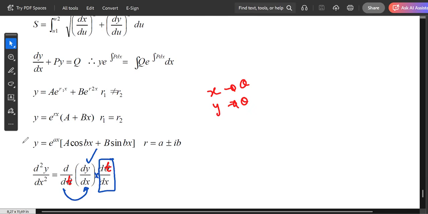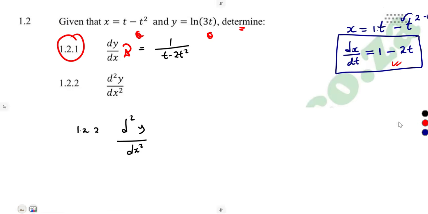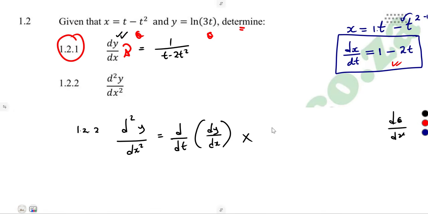Let me take our formula as it is. Since we are working with respect to t, the formula states the derivative with respect to t of dy/dx, multiplied by the one written as dθ/dx. Our theta is t, so it's dt/dx.